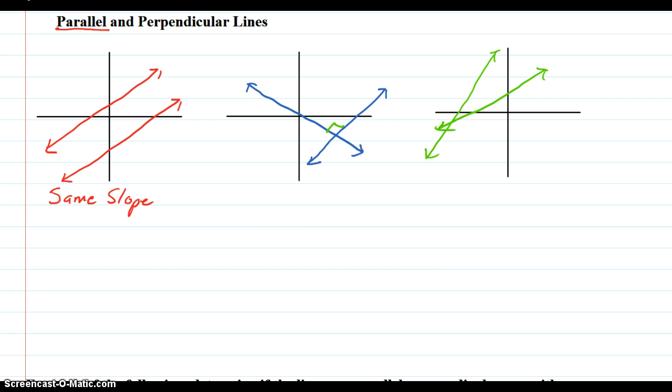Two lines will be perpendicular if their slopes are opposite reciprocals. And two lines will intersect if their slopes are different.